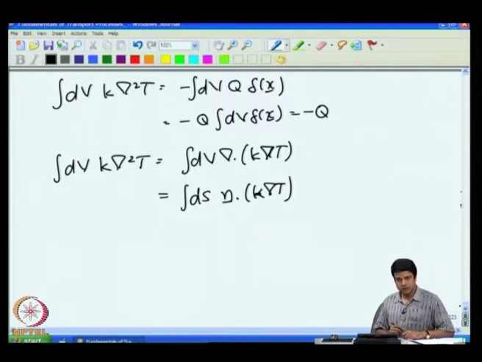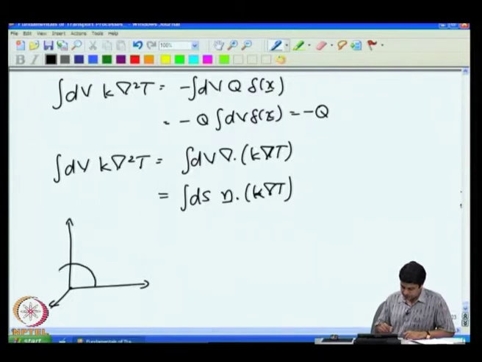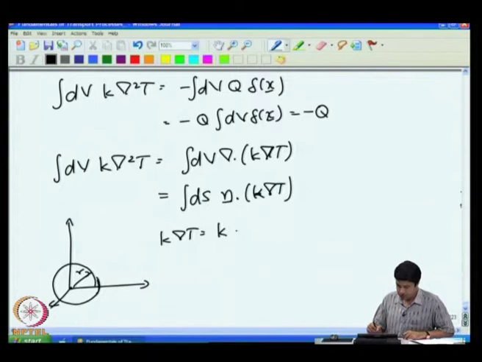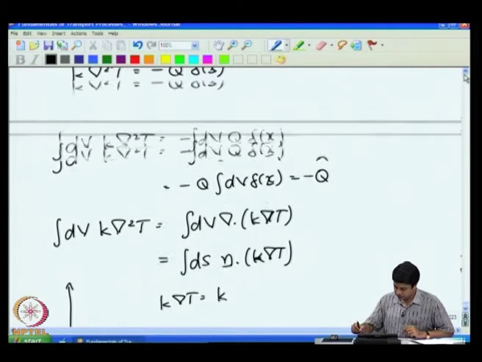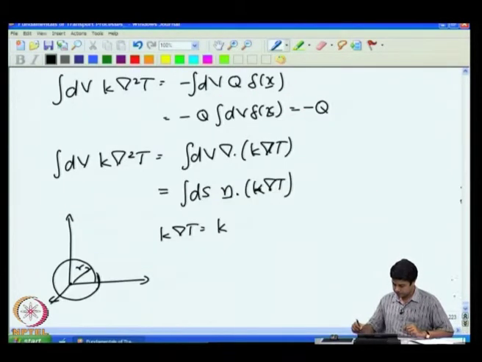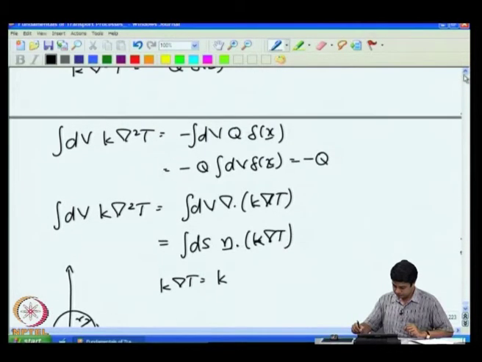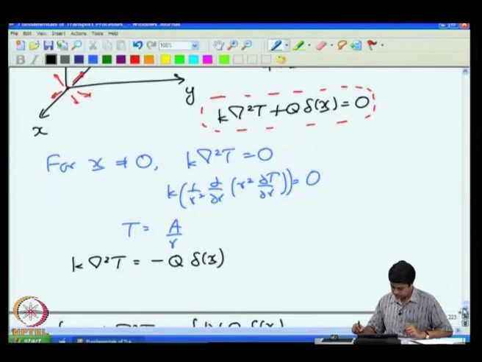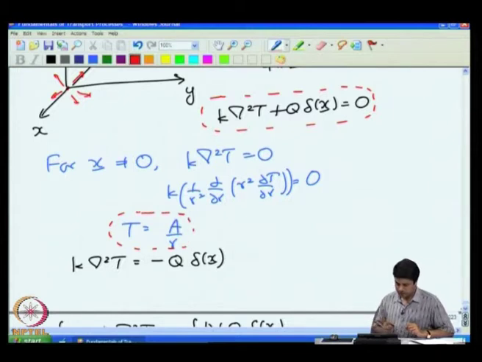So, what is n dot K grad T? The simplest thing to solve is for a spherical surface of some radius r. In that case, there is only a variation of the temperature with respect to the radial direction. T is equal to A divided by R. So, there is a variation of the temperature only with respect to the radial coordinate.